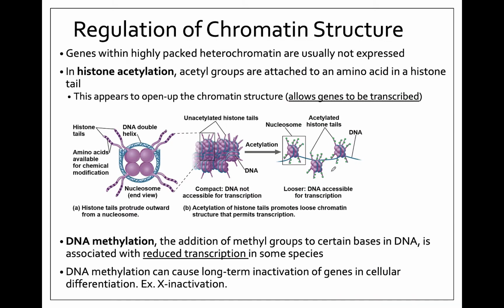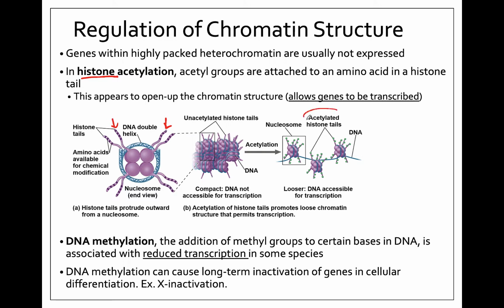So let's start at the top with chromatin. So chromatin is our DNA and our histone proteins. And there's a couple of different changes we can make to chromatin that will make it more likely to be transcribed, such as histone acetylation. Histones are the proteins that the DNA gets wrapped around in the nucleosome.